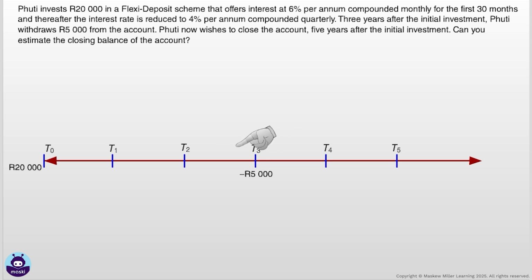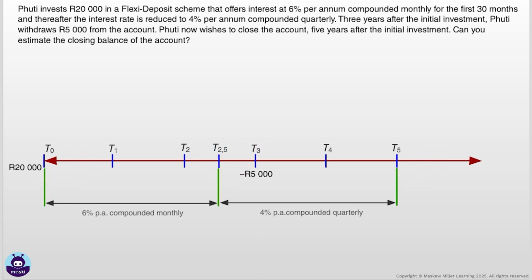So the period between T2 and T3 is 12 months. T2,5 is 6 months after the end of the second year, or 6 months before the end of the third year, so it lies between T2 and T3. We note down the interest rates for the first 30 months and the rest of the period. We will solve some of these examples in the subsequent sections.